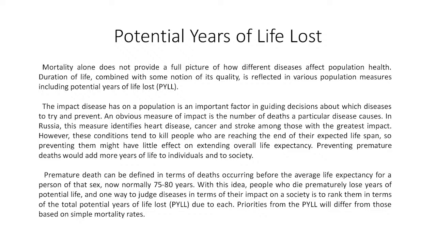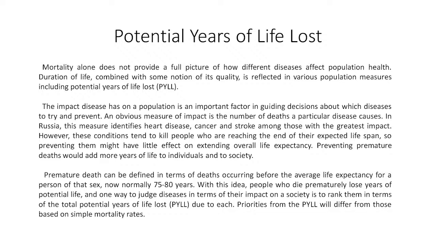Preventing premature deaths would add more years of life to individuals and to society. Premature death can be defined in terms of death occurring before the average life expectancy for a person of that sex, now normally 75 to 80 years.